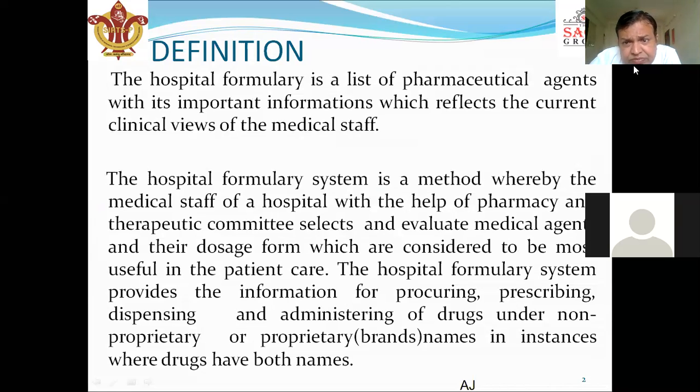These pharmaceutical agents include pharmaceutical medicines, surgical devices, and devices which are used in the OT, operation theater, and chemicals which are used in biochemistry or in pathology laboratory. That is also included in hospital formulary.